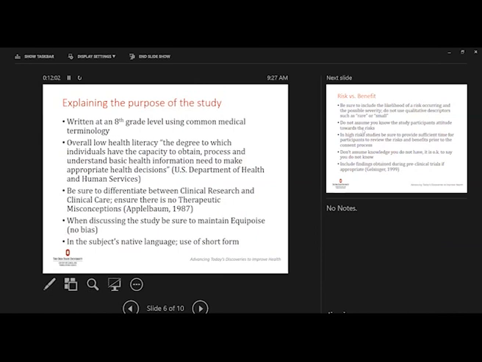And in some cases, they are actually the same, in the sense that the only way we can take care of them clinically is to use a research protocol. That is the only thing available at that time. We'll discuss a little bit more, but in 1987, an investigator by the name of Applebaum termed the phrase therapeutic misconception.